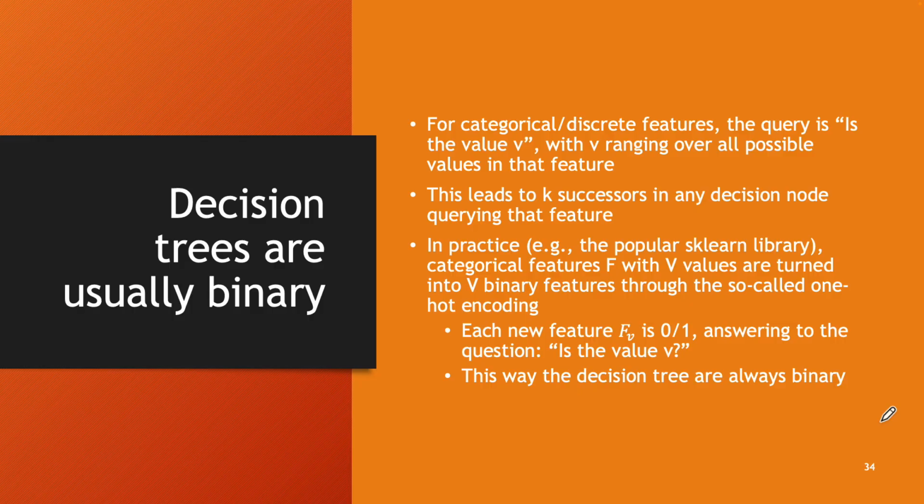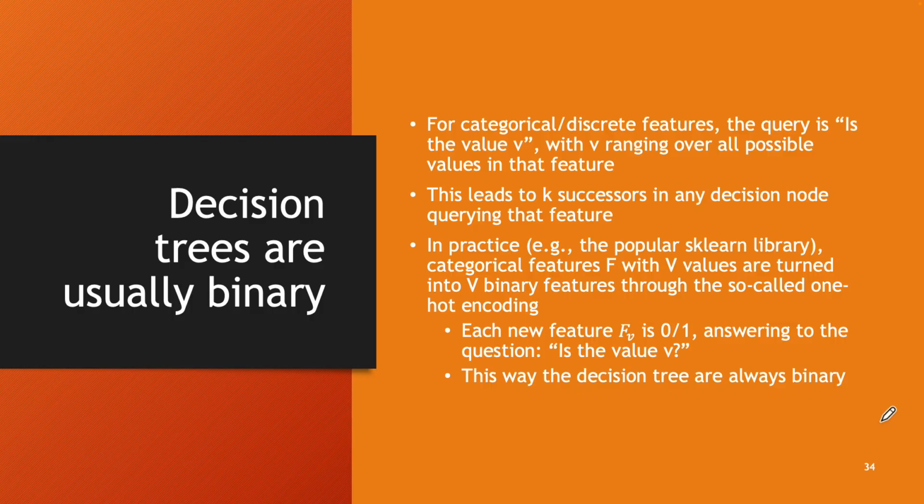Just as a preparation for that, I want to say that decision trees are usually binary. And they might not be binary if you have categorical or discrete features, because the query you are making on such features is exactly this: is the value in that feature for your data point V? And V can range over all possible values.